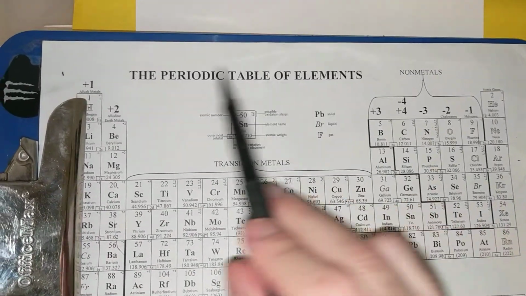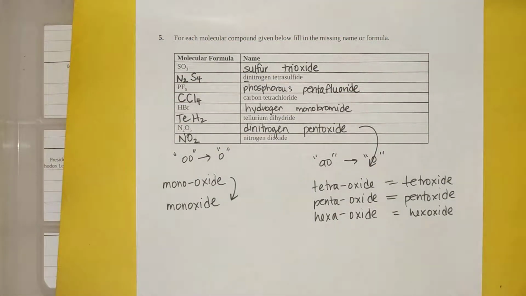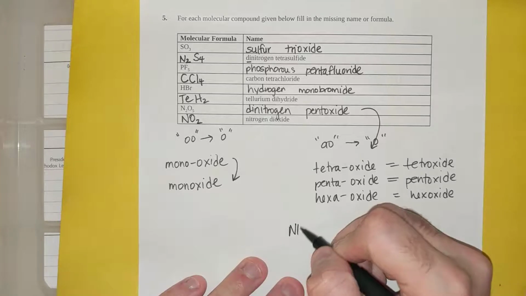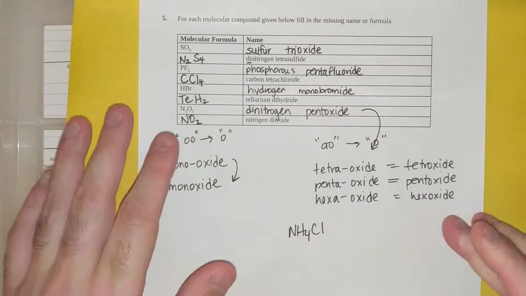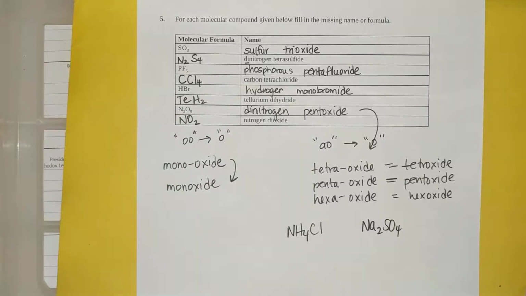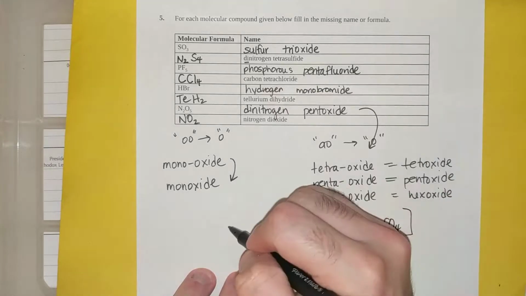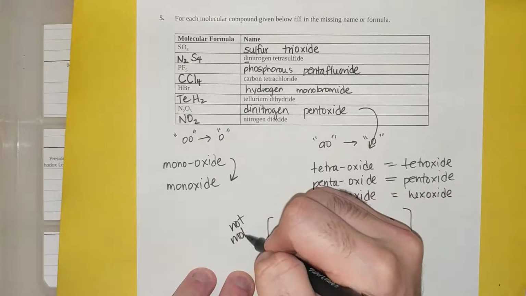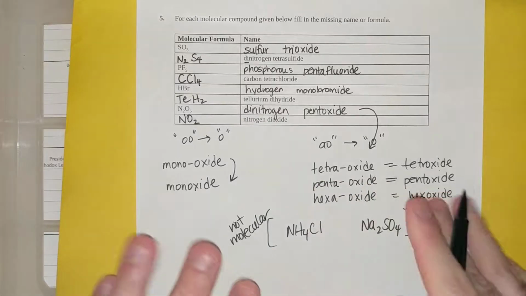All of these contain two nonmetals. If there were three symbols, not molecular, right? So if I had something like NH4Cl or Na2SO4, doesn't matter if there's metals, nonmetals, three symbols, not molecular for us right now.